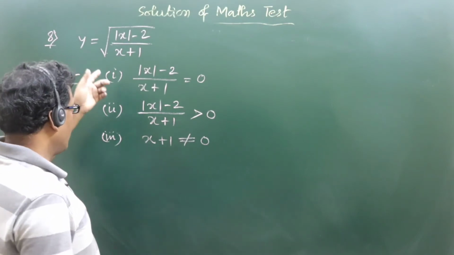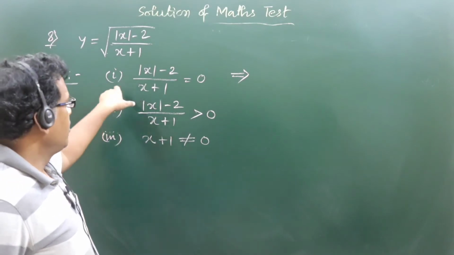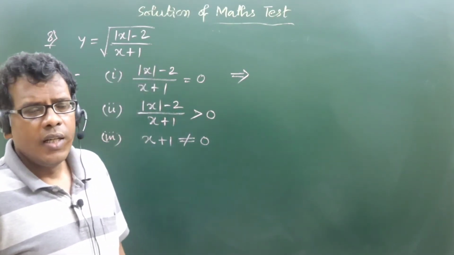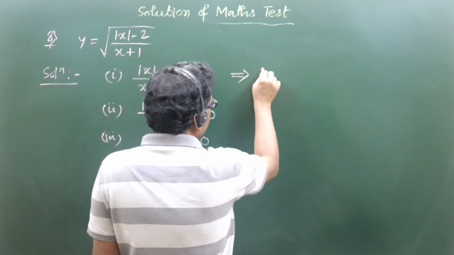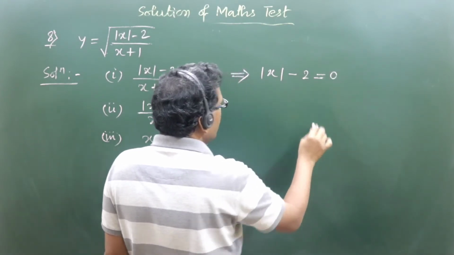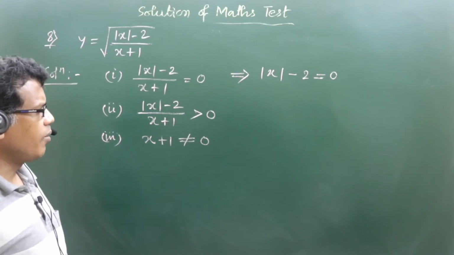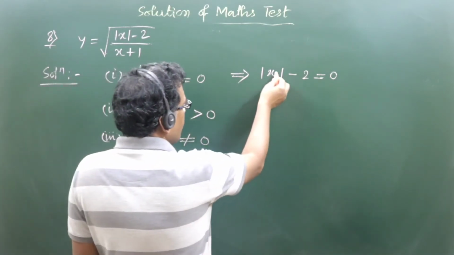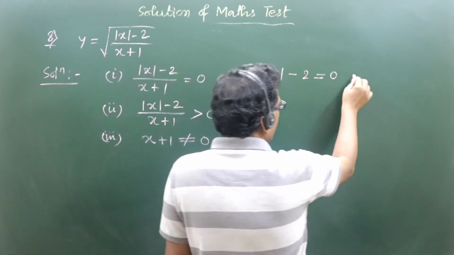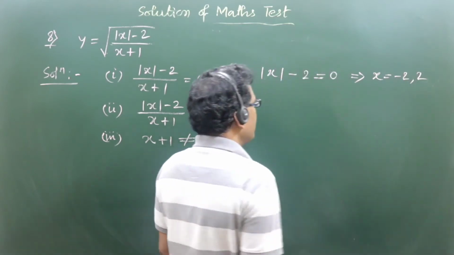First of all, to satisfy the first condition, mod of x minus 2 divided by x plus 2 can only be 0 when the numerator is 0. We know that mod of x is always positive, so mod of x being plus 2 can make it satisfy. Here x equal to minus 2 and plus 2 both will satisfy this, right?